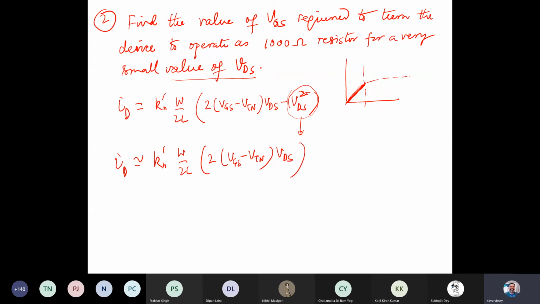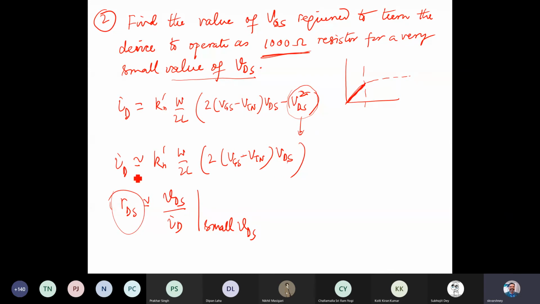VDS, right? And since we're talking about it operating as a resistor, how do we find resistance? RDS is VDS over ID for small value of VDS. This is given as 1000 ohm because you want this device to act as a 1 kilo ohm resistance.